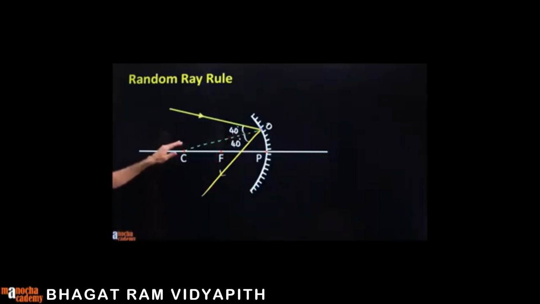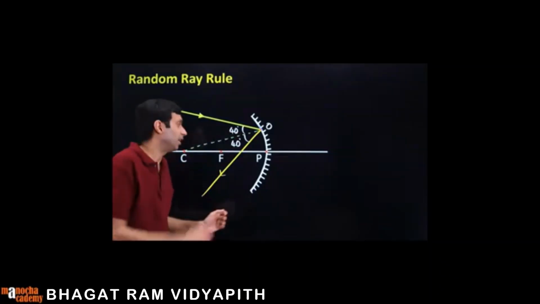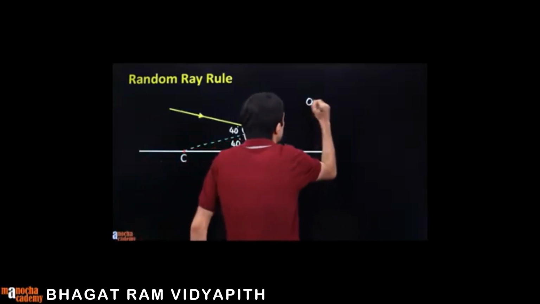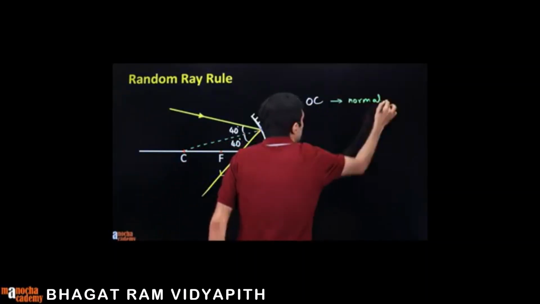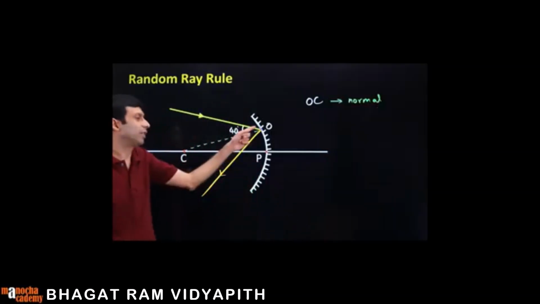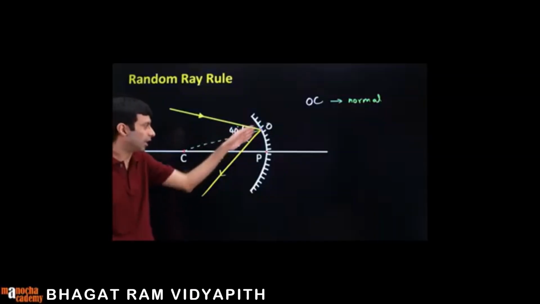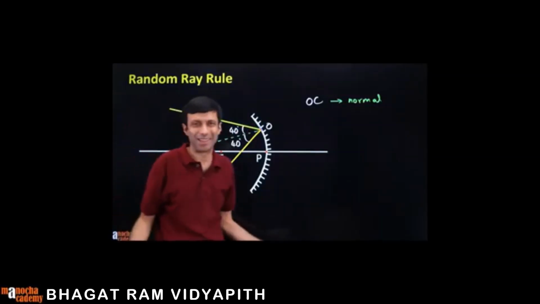Okay. So what you can do is you just join O and C, you measure this angle, 40 degrees, this angle here equal, and you will get your reflected ray perfectly, because OC, the important point, is the normal. The line joining the point of incidence to the center of curvature forms the normal. You measure this angle of the incident ray with the normal, you draw that equal angle, and boom, you're done.